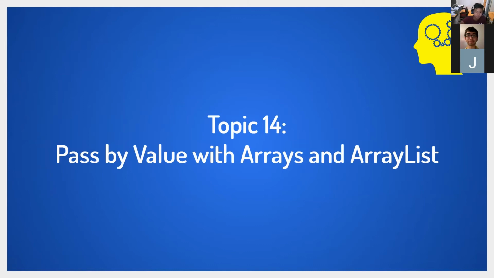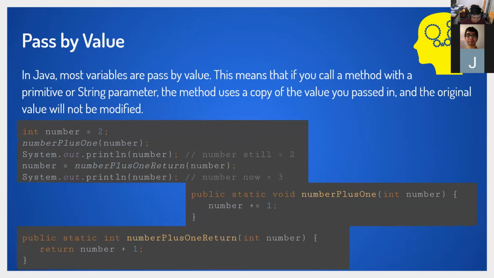Essentially the variable is different. It points to a new variable. But when you pass in an object like an integer array or an ArrayList, it no longer copies it. It passes by value or passes by reference. Okay.